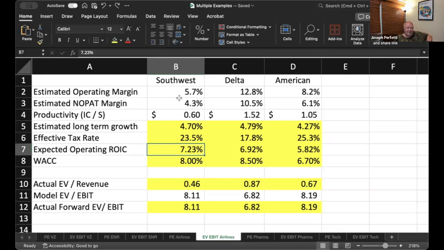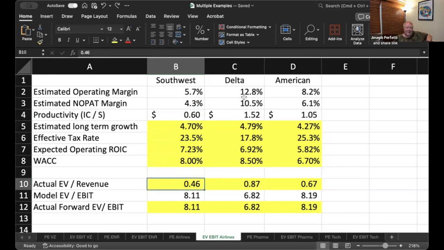So after-tax margin times productivity equals ROIC. So you can actually back into, which is what this model does, if I know the estimated margin for the multiple and the tax rate, and I know the ROIC, I know what that productivity has to be: invested capital to sales.